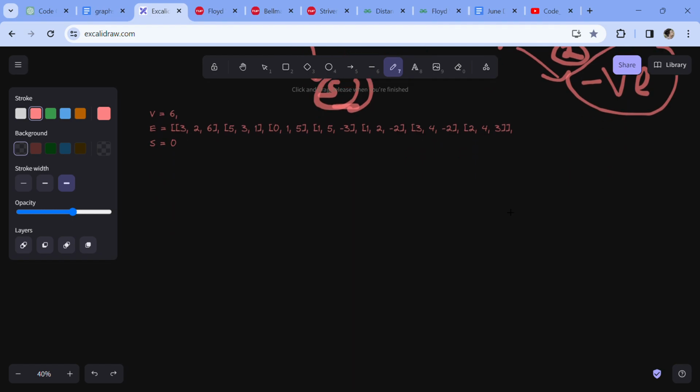So what is given in this test case? We are given 6 vertices, so there are 6 nodes, and the source node is 0.